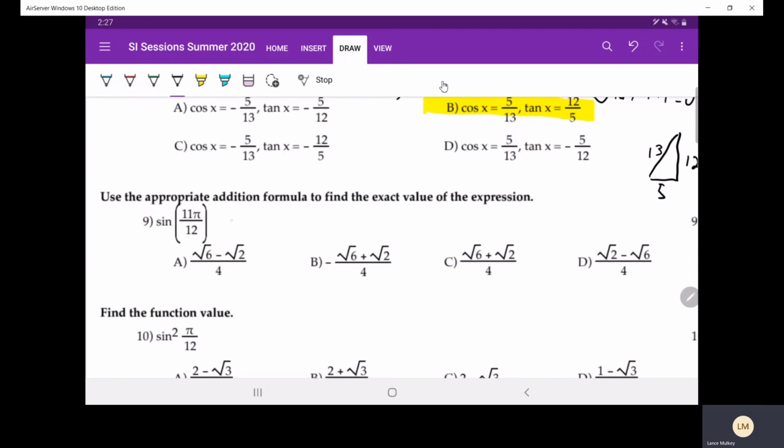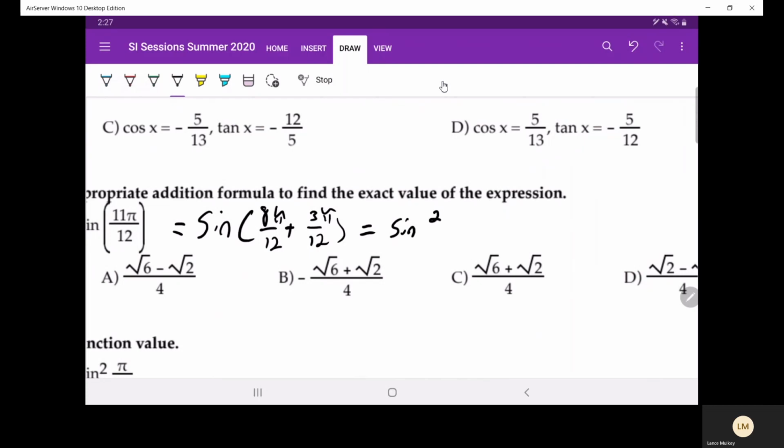I'm gonna say it is, and sine of 2 pi over 3 is square root of 3 over 2 plus root 2 over 2. I don't know if this works or not.